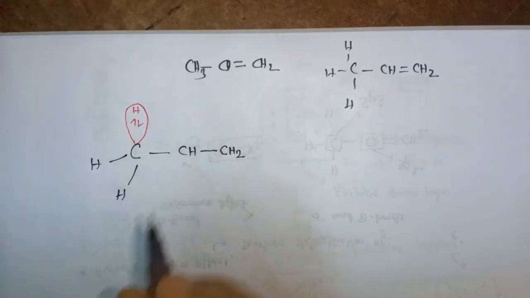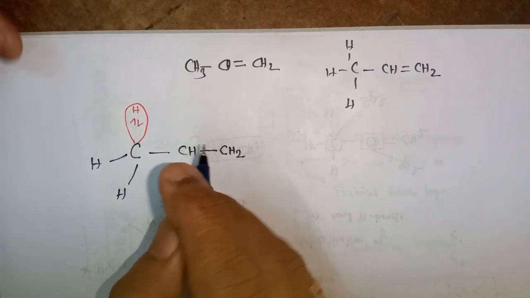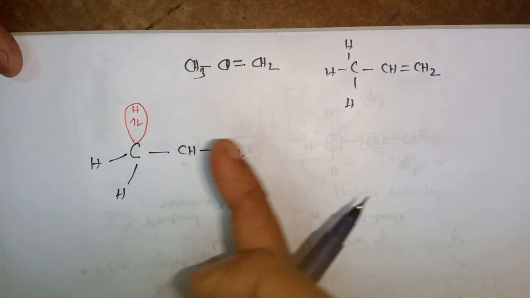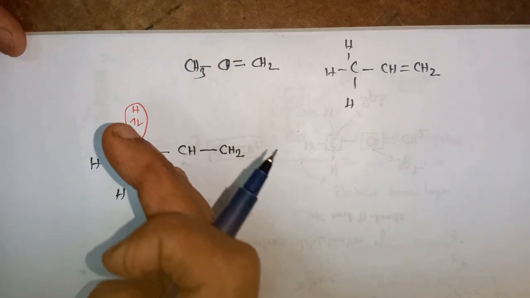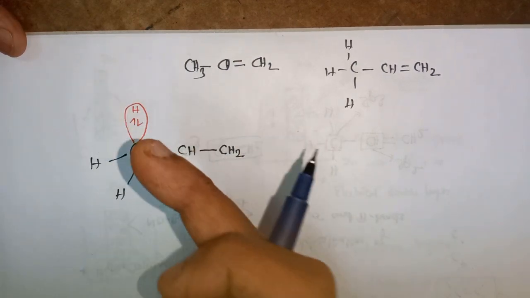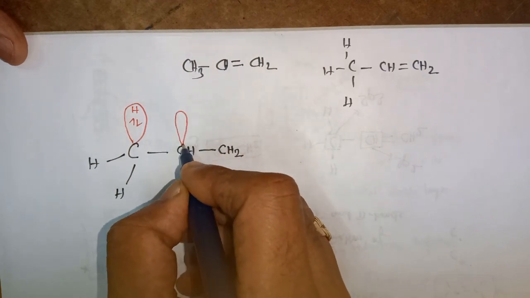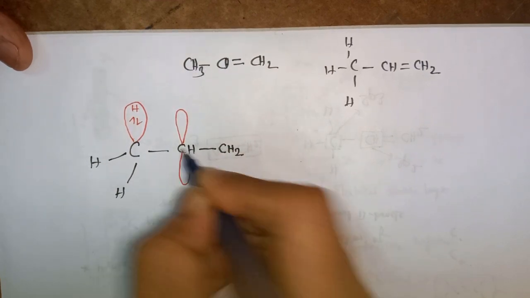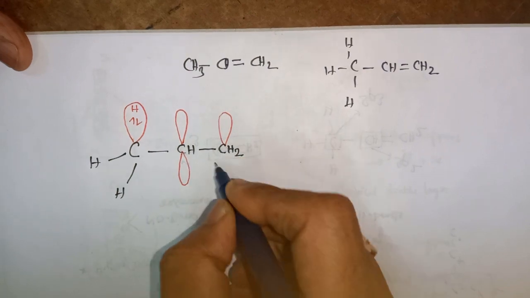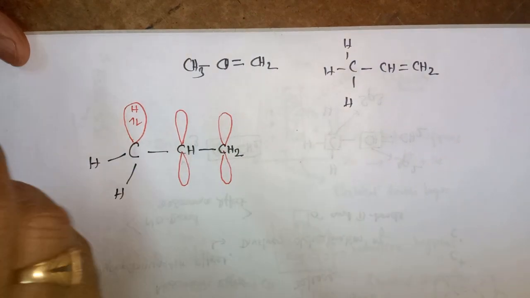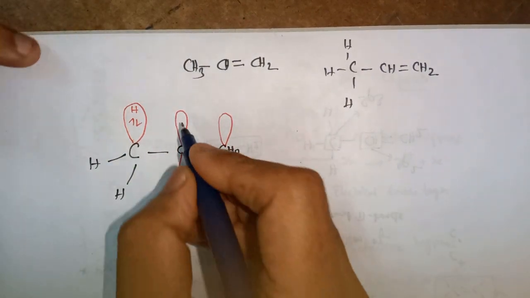The pi bond means, you all know, that the electrons involved in the pi bond formation are not present in a hybrid orbital, they are present in an unhybridized orbital. I draw the unhybridized orbital of this. Now how many electrons does it have?